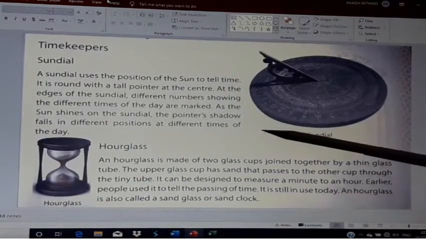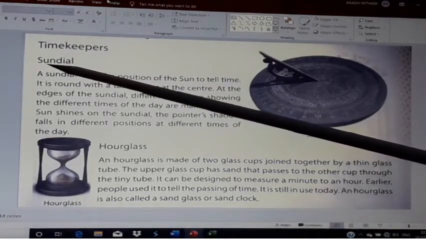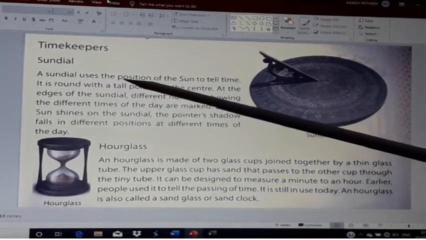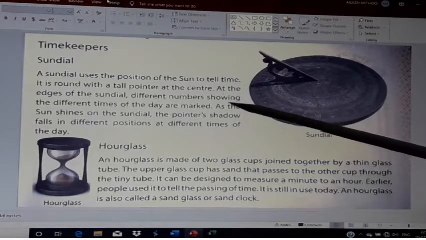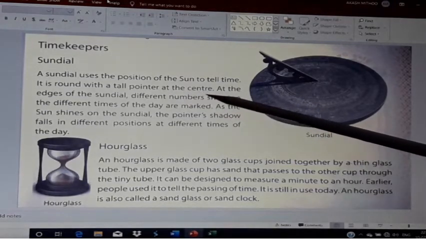Now children, let us know about timekeepers. First one is the sundial. A sundial uses the position of the sun to tell time. It is round with a tall pointer at the center.